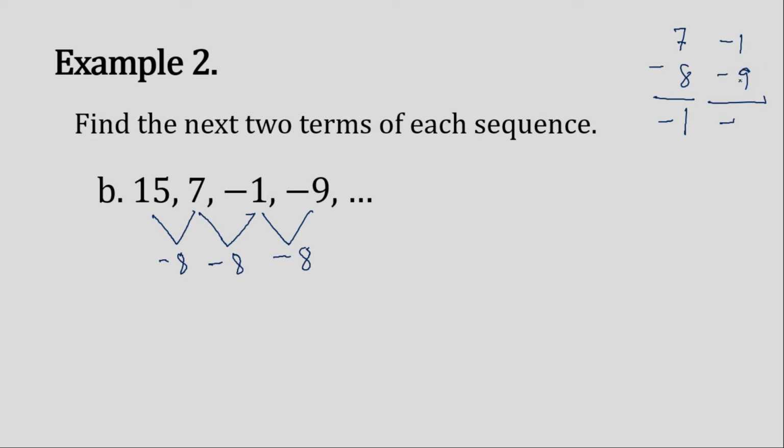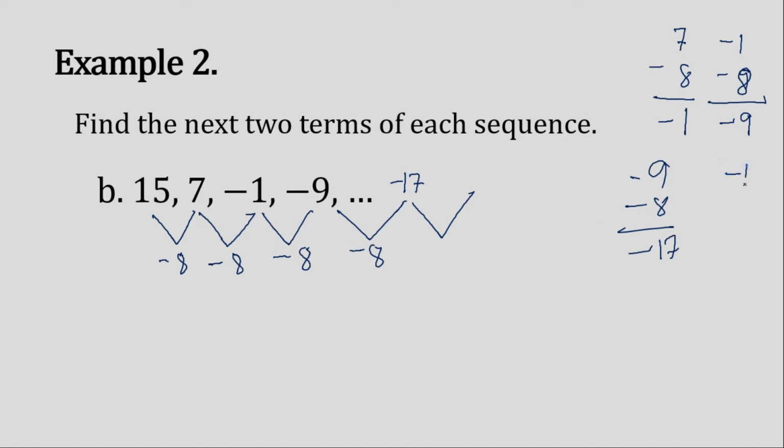Negative 1 minus 8, since they have the same sign, we just copy the sign and add the numbers after the sign. So that is negative 9. Now we know the pattern: you subtract 8. Negative 9 minus 8 is negative 17.